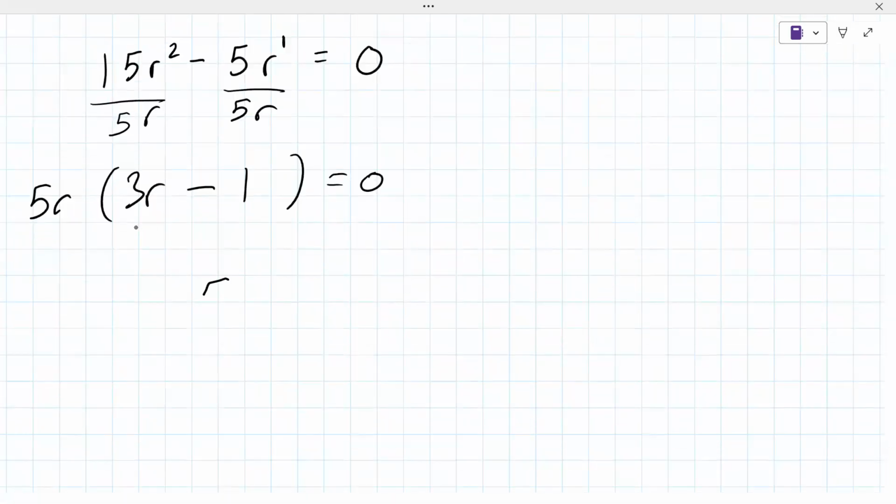You set each of the factors, 5r and 3r minus 1, equal to 0. So let me know if you can solve either of those, please.